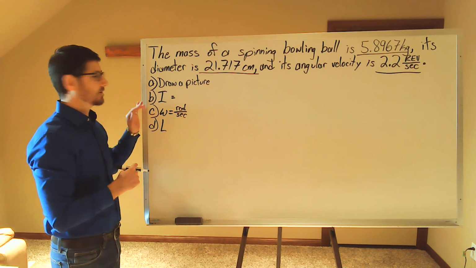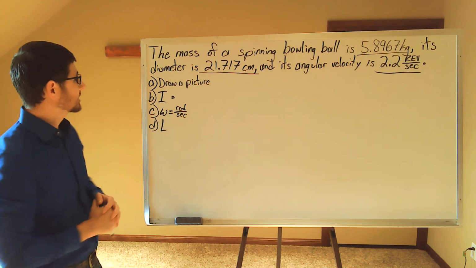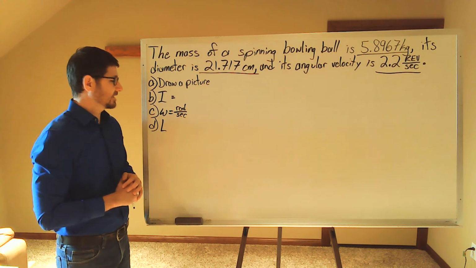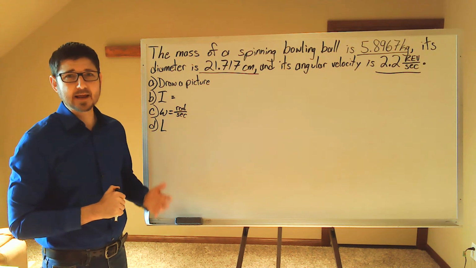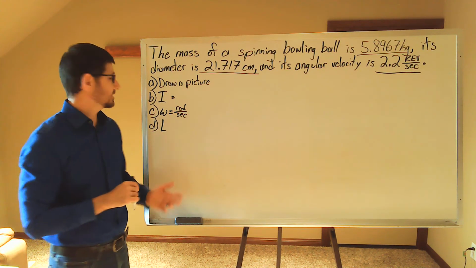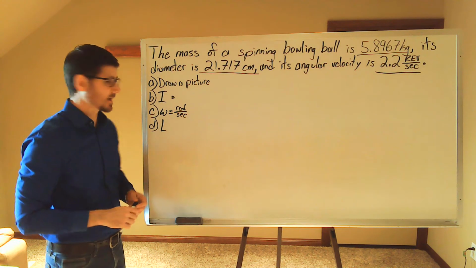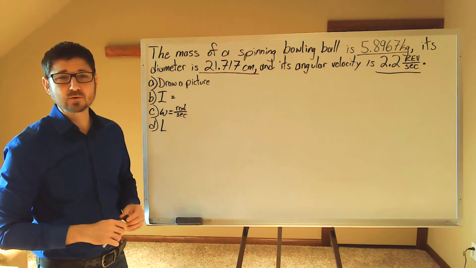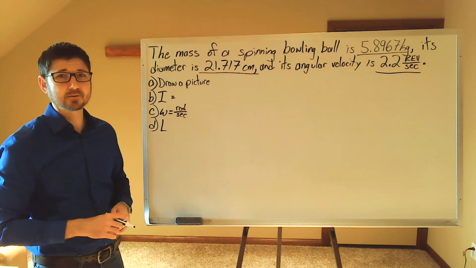Part B, calculate the moment of inertia of the spinning bowling ball. Part C, we're going to convert the units for angular velocity from revolutions per second to radians per second. And then on part D, we are going to calculate the spinning bowling ball's angular momentum.